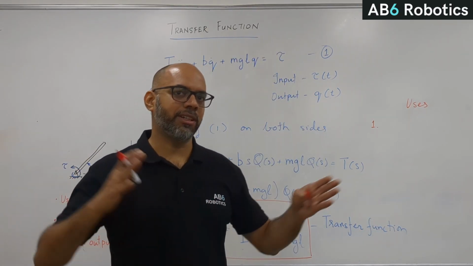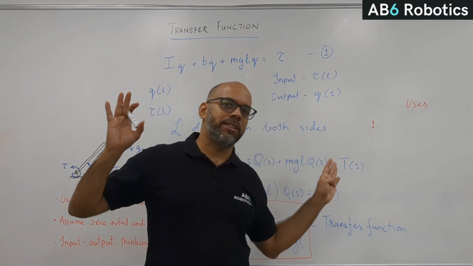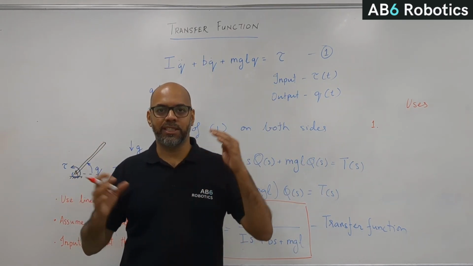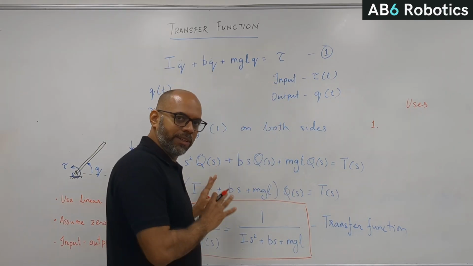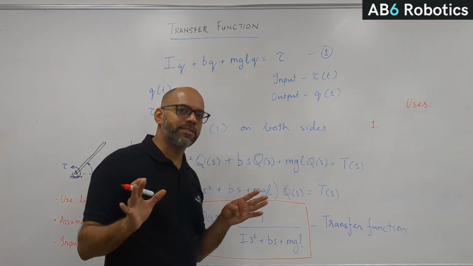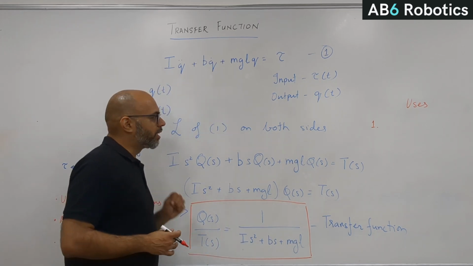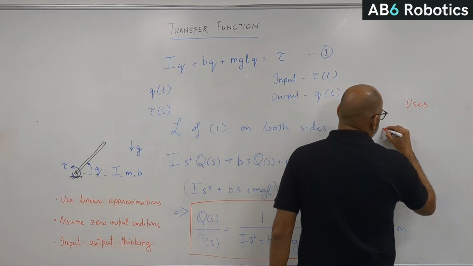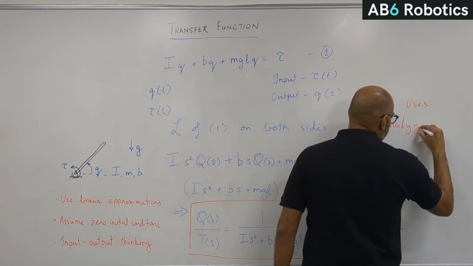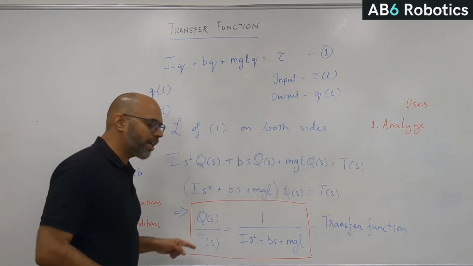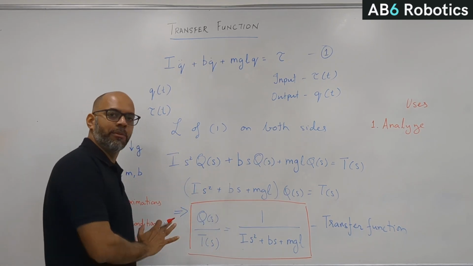Large torque, small torque, and high frequency torque, low frequency torque. And any general signal, you can always think of as a combination of different frequencies. So it's actually a very convenient form to analyze. Electrical guys will understand. For mechanical guys, it's a little bit unusual concept, but so the first one is to analyze how the output behaves under many different conditions in a relatively compact manner.